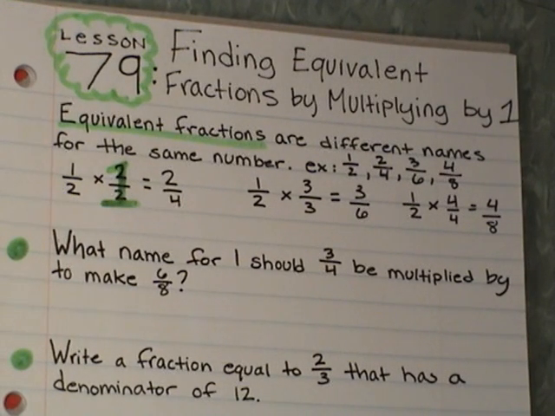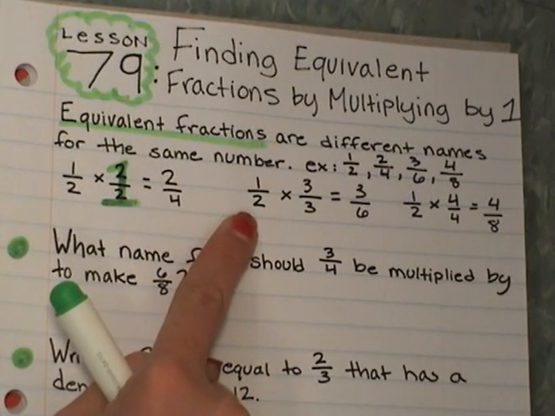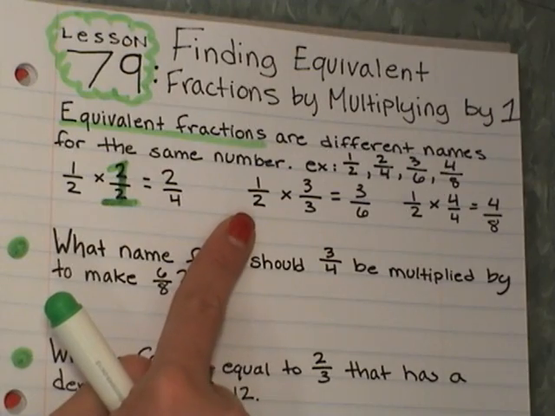So what we do is we multiply by 1, but our fraction could be a 3/3, a 7/7. Remember, one whole is having your denominator and your numerator exactly the same. So I did another one, 1/2. And I want to find an equivalent fraction, or a fraction that's equal to 1/2 but looks a little bit different.